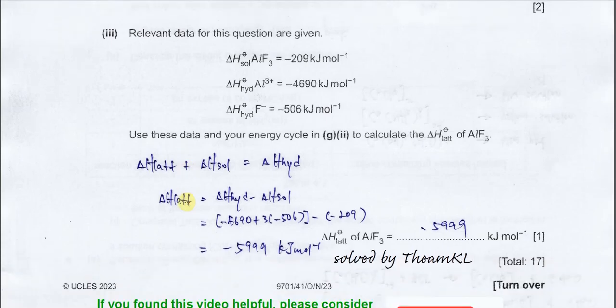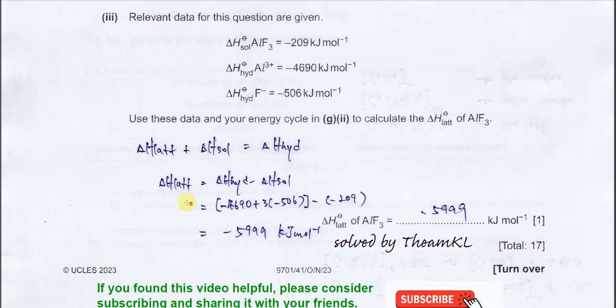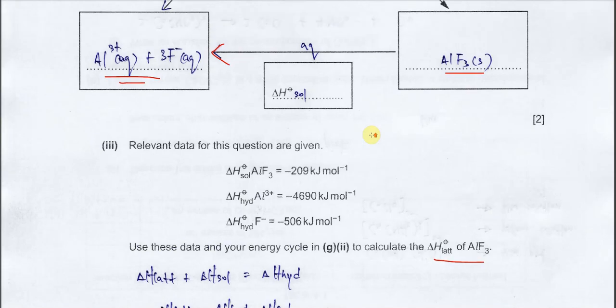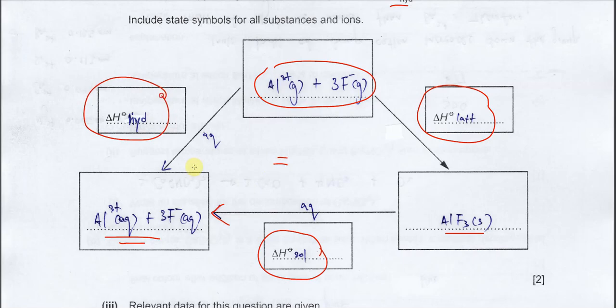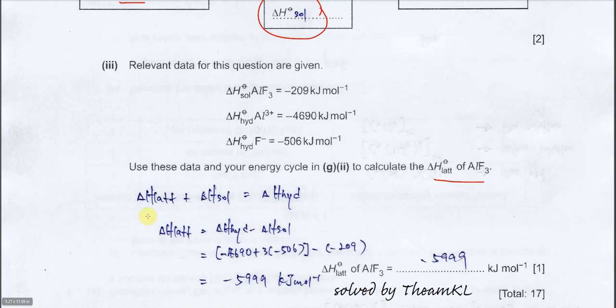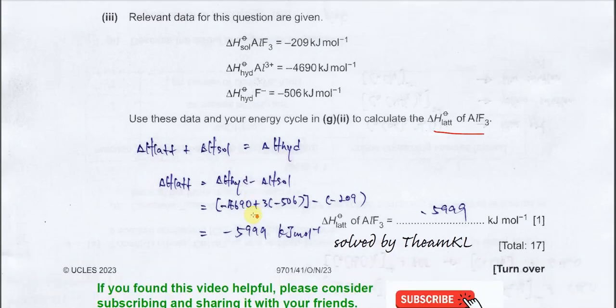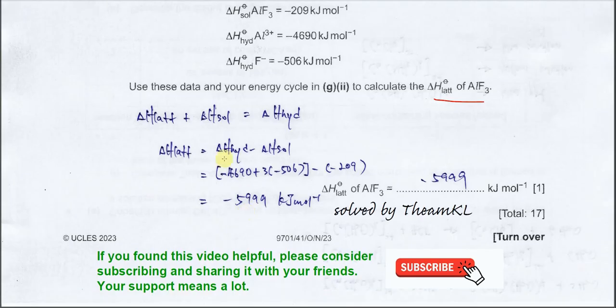Therefore, you need to use this value to calculate the delta H LATT for aluminum fluoride. Again, try to use this cycle. We know that delta H LATT plus delta H solution is equal to the delta H of hydration. So that's why we got this relation. After that, you need to substitute this value into the relation.